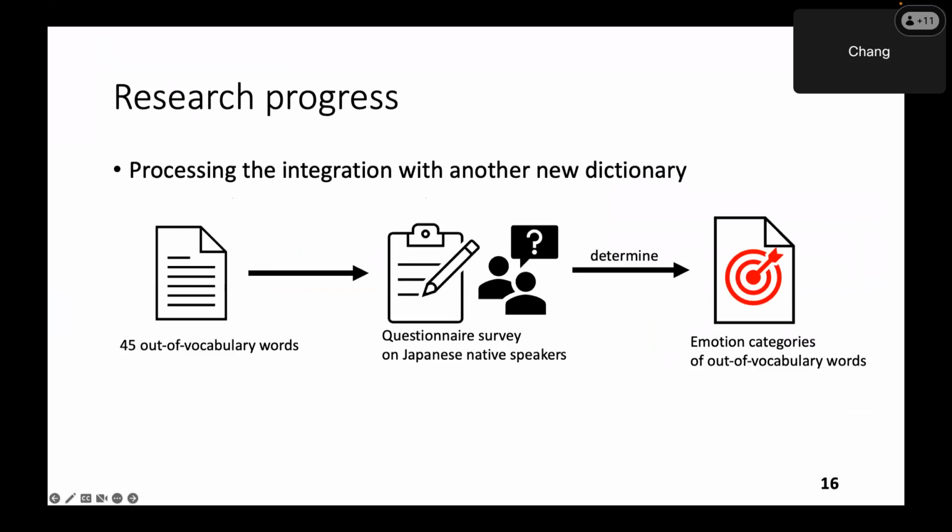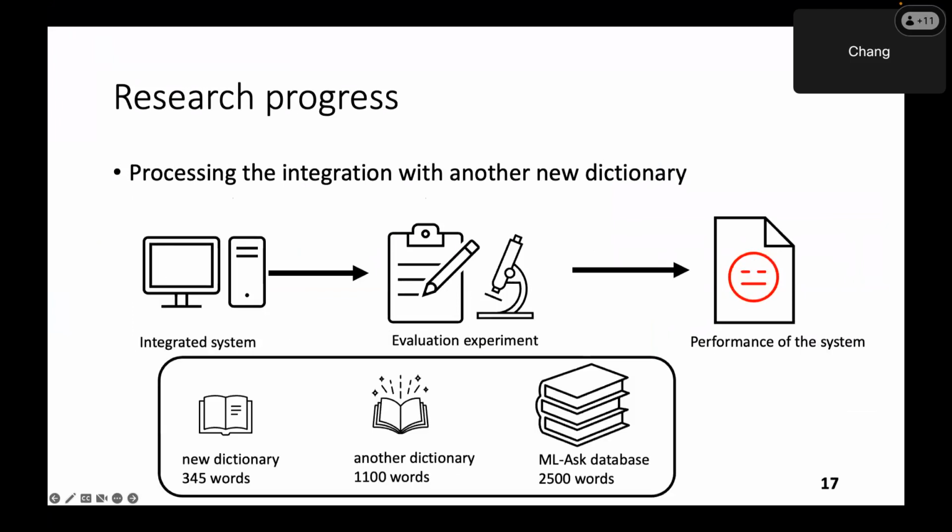And this time, we also used a questionnaire survey to determine the emotion categories of out-of-vocabulary words, just like the previous study. After we conducted the evaluation experiment on the integrated system, the performance of the system didn't get better. We thought it's because this dictionary's vocabulary is so small compared to the MLASK database and another dictionary.